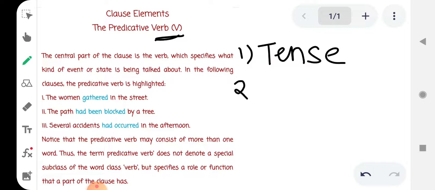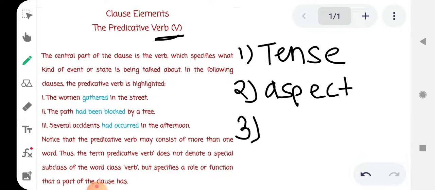Second, it tells us about the aspect. Aspect means perfective aspect. And the third important thing, the verb tells the voice of the sentence, whether the subject is in passive voice or active voice.